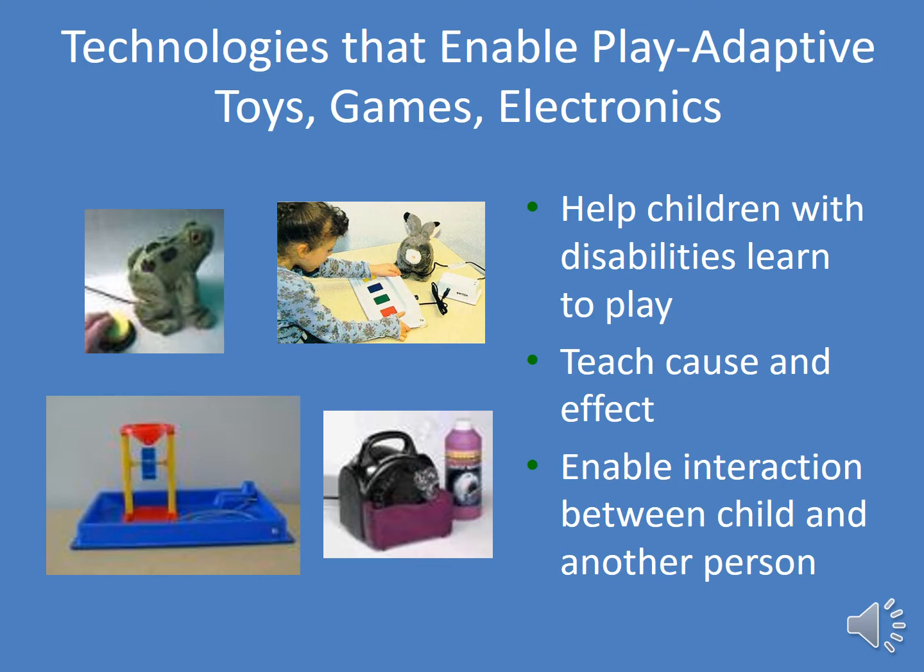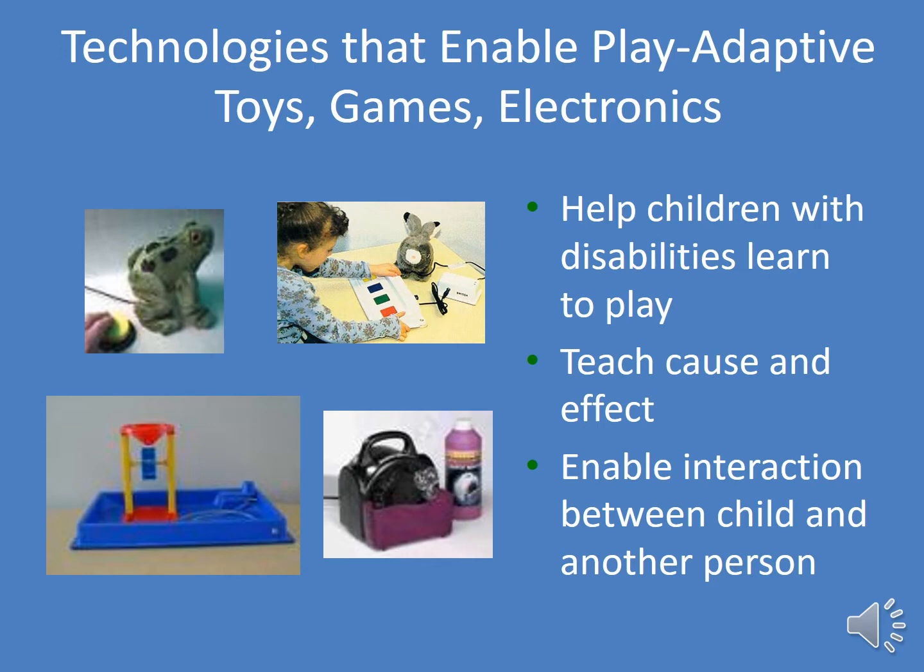We're going to talk now about technologies that enable play, such as adaptive toys, games, and electronics. And these are especially important for the very young kiddos we work with, where we're trying to get them to interact with something as independently as possible. We're teaching them cause and effect so that by hitting a switch, they're able to make something happen.